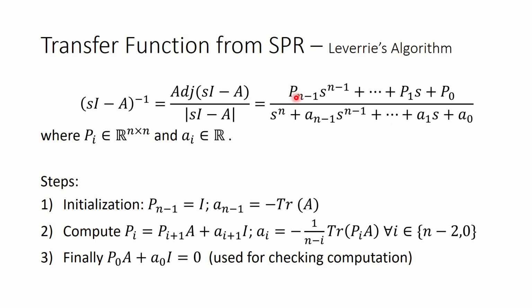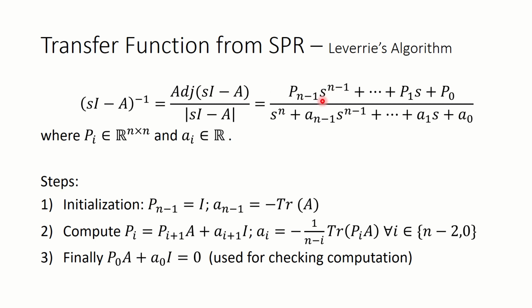The term in the numerator is strictly proper, so it has the highest degree as s^(n-1), and we can suppose that s^(n-1) has a matrix coefficient P_(n-1). So see, this adjoint is a matrix, it is not a simple single polynomial, it is a matrix of polynomials.